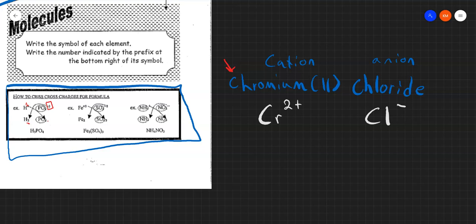So if I crisscross, this 2 will come over and become the subscript of chlorine, and chlorine has a 1, and so that becomes a subscript of Cr. And so we end up with CrCl2.